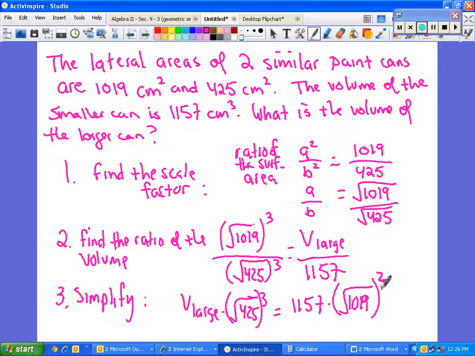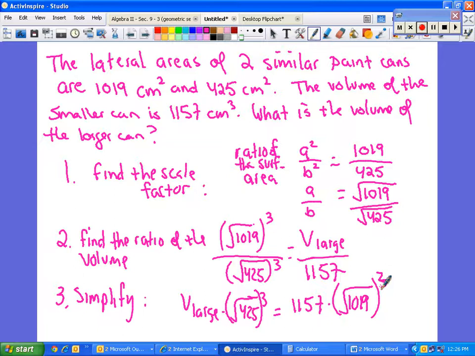What's the matter now? I'm confused. I did. I cross multiplied. I did these two and these two. Okay, now we're going to solve for the volume of the large.